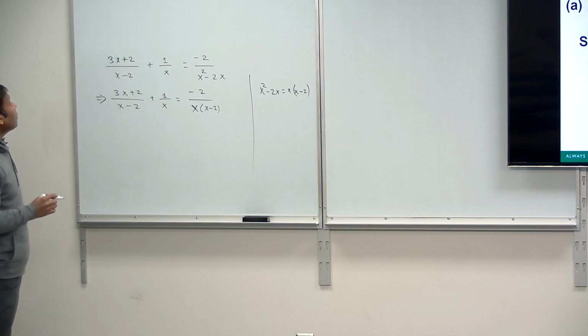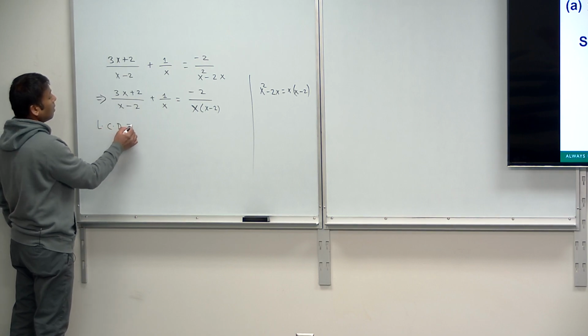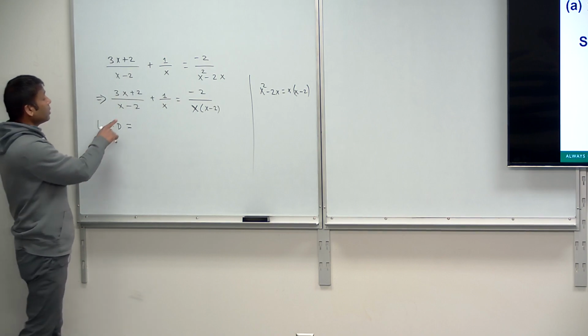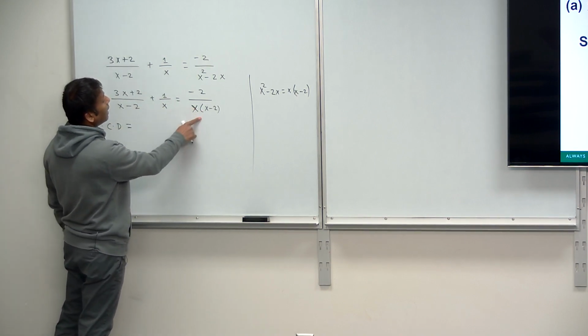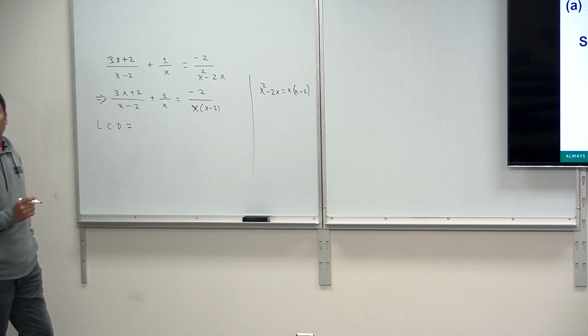So now you need to find the LCD, the least common denominator. What is the least common denominator of x minus 2, x, and x times x minus 2? How do you find the least common denominator?